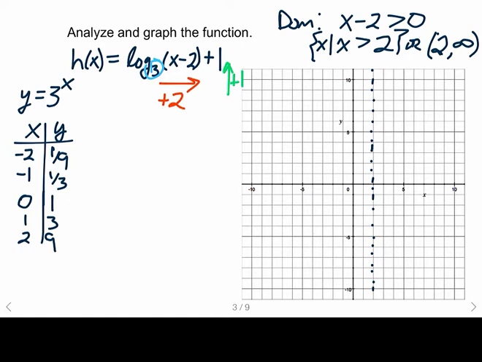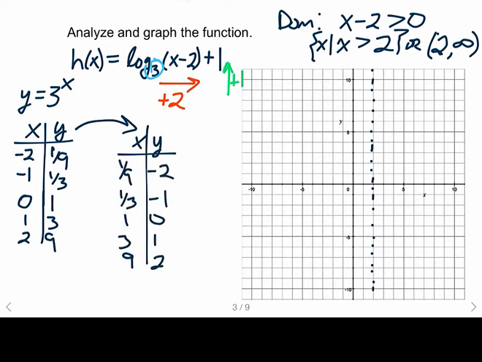The reason I care about that is because the logarithmic function is the inverse. If I switch the x and y values, then I have ordered pairs (1/9, -2), (1/3, -1), etc. And if I plot those, then I get an indication of the shape that I'm trying to draw.